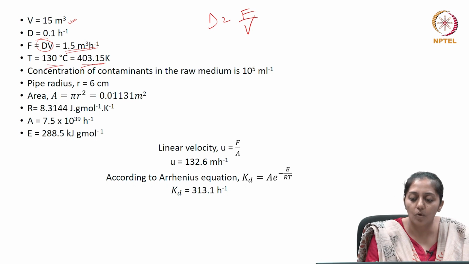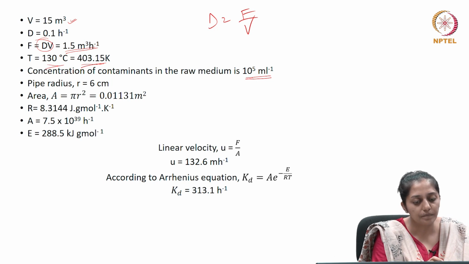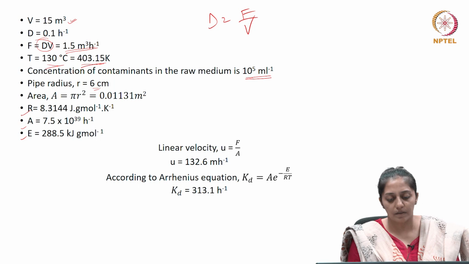The initial load is 10 to the power of 5 number per ml. So, we must find out how much will be the total number as per the volume. The pipe radius is 6 centimeter. The cross sectional area would then be pi r square, and the A and E values are given.